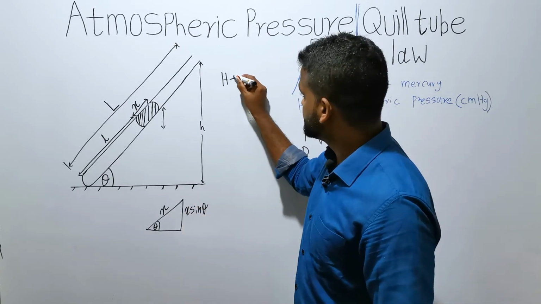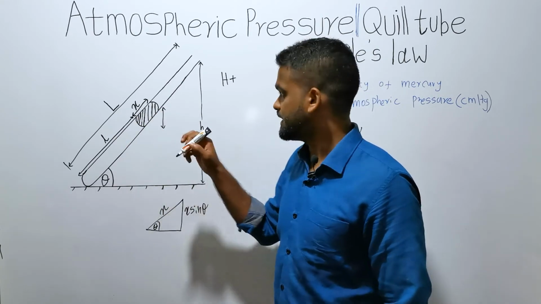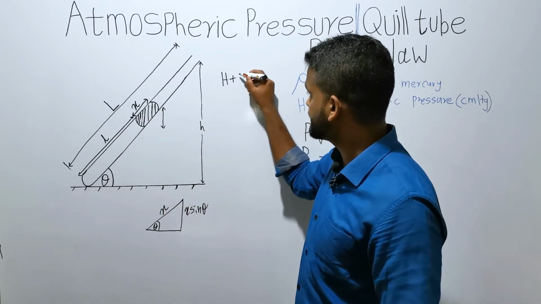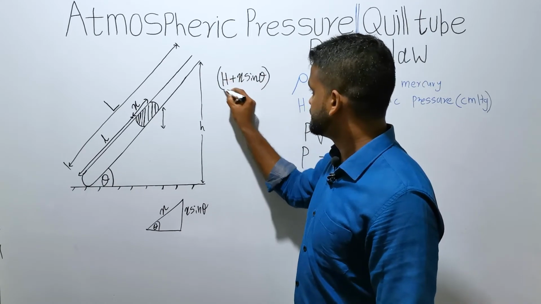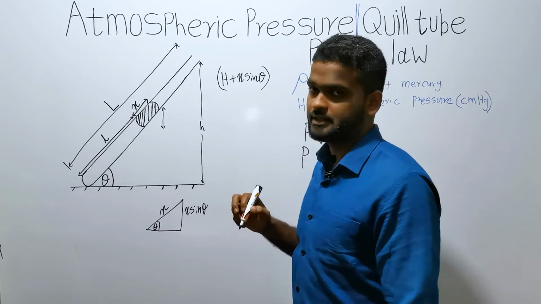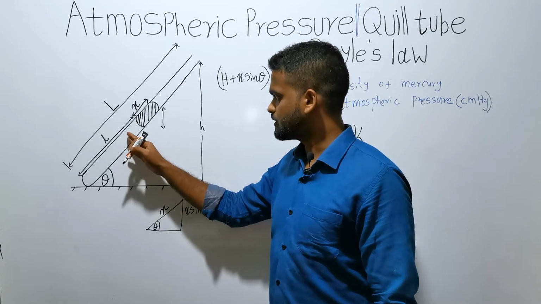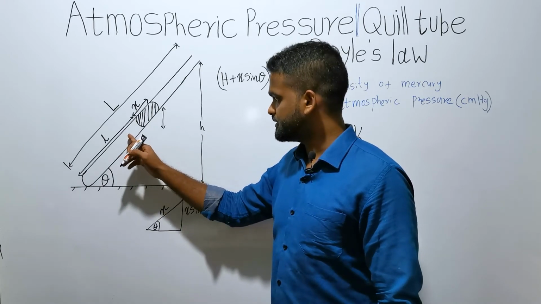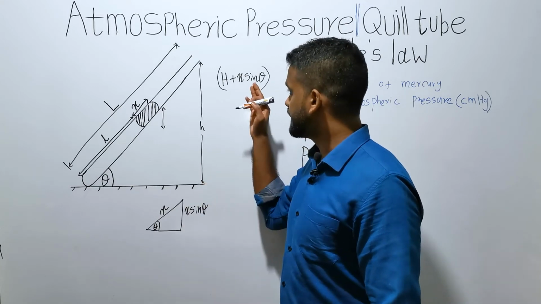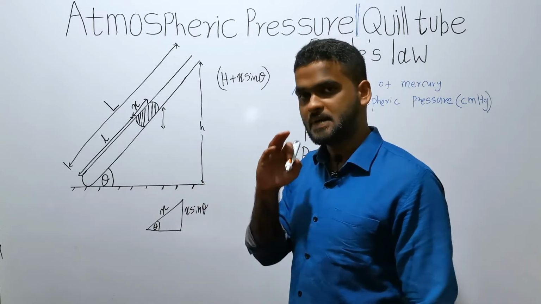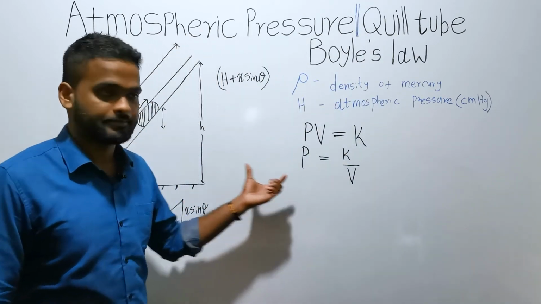Now that we know the vertical height, we can write the pressure inside the trapped air as atmospheric pressure plus x sine theta. So H plus x sine theta is the total pressure inside the trapped air, and this term is in mercury centimeters. Let's substitute that here.